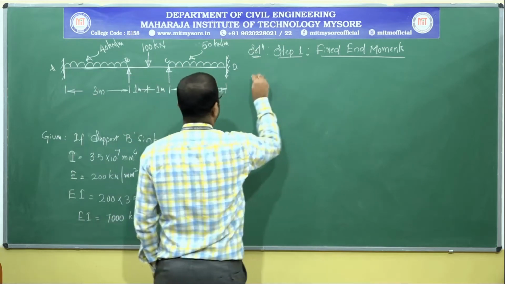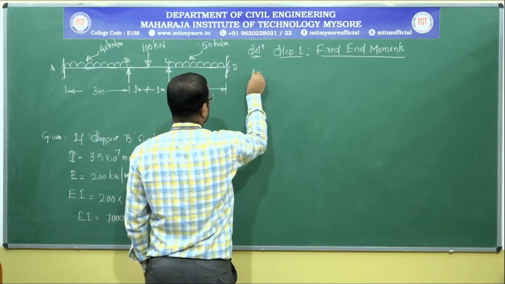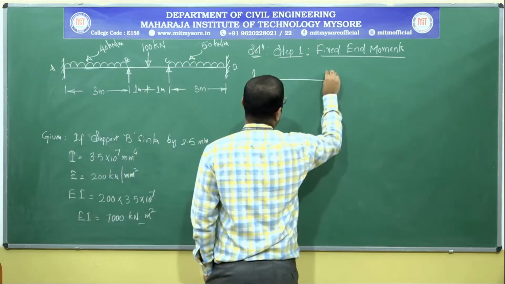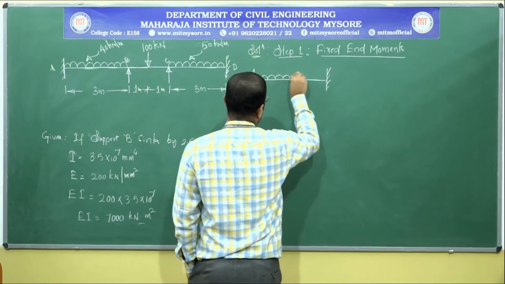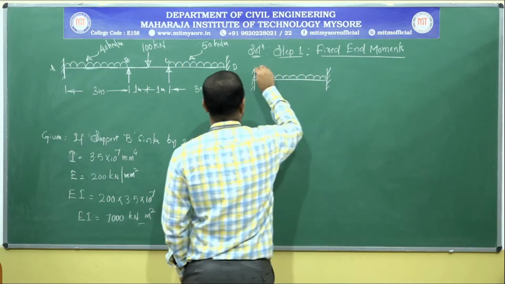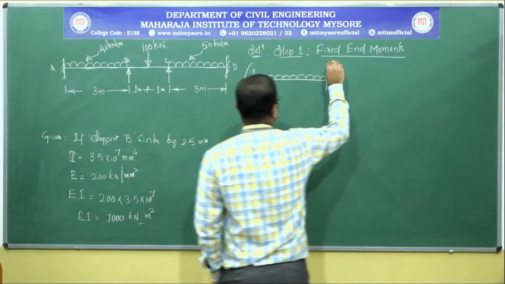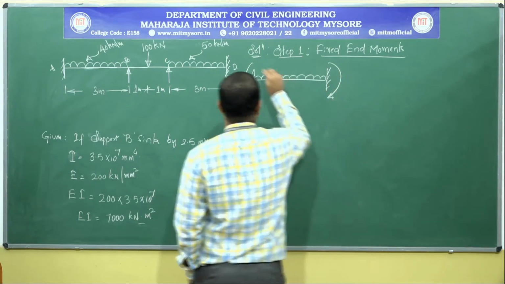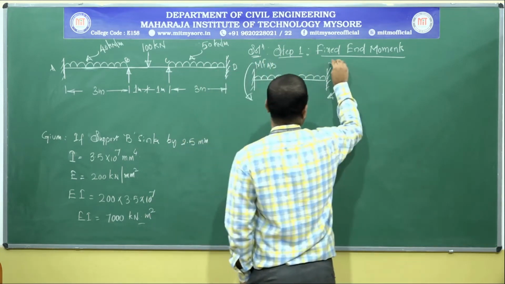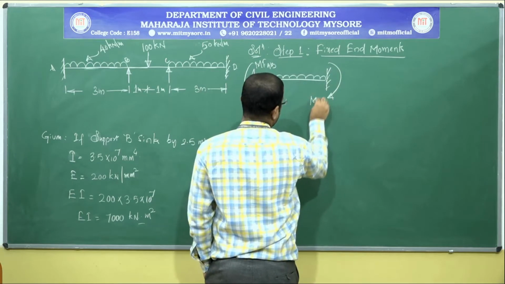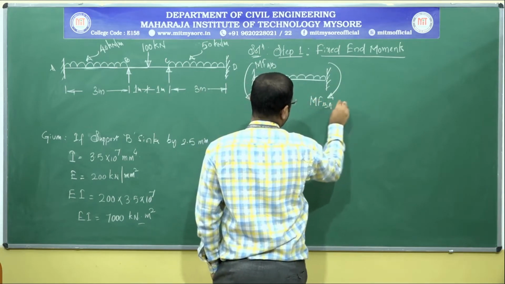That is, if I assume span AB both ends as fixed, I have to work out how much is the fixed end moments, that is MF AB and MF BA.